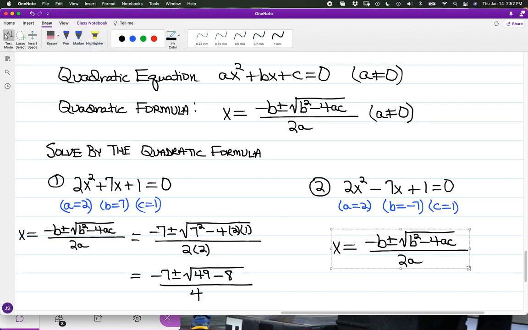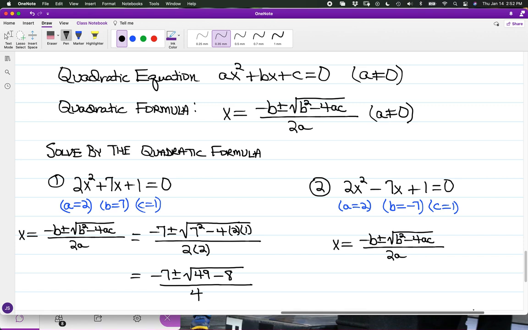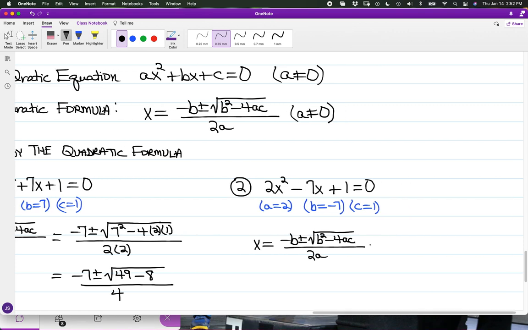So in taking what we have for x, with negative b and applying direct substitution, I have the negative of negative 7, then plus or minus the square root.